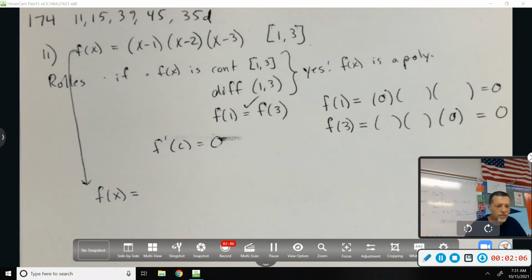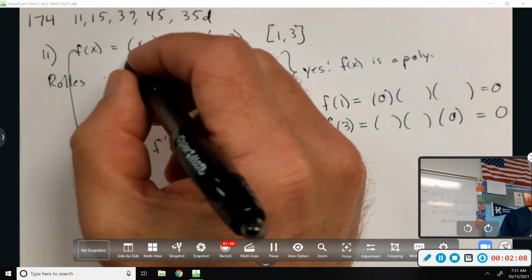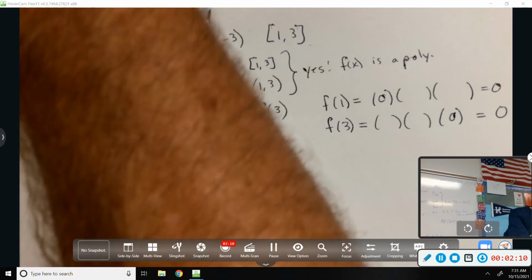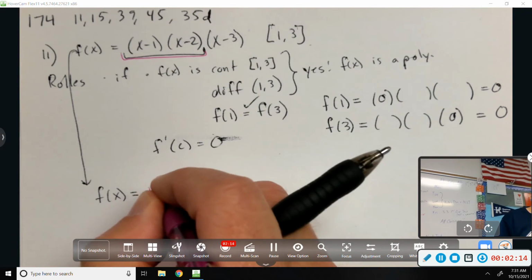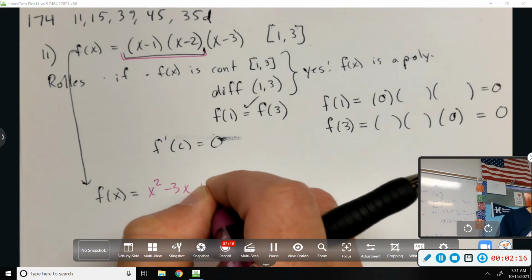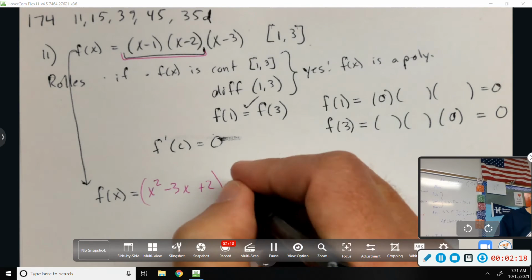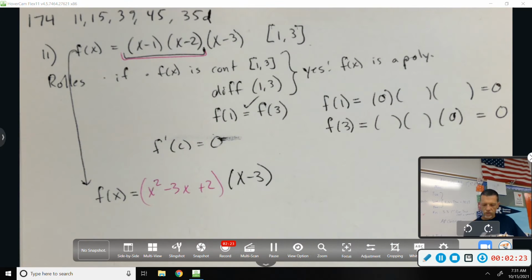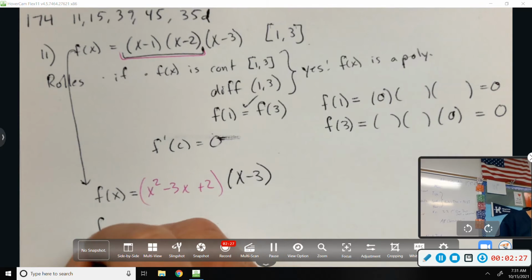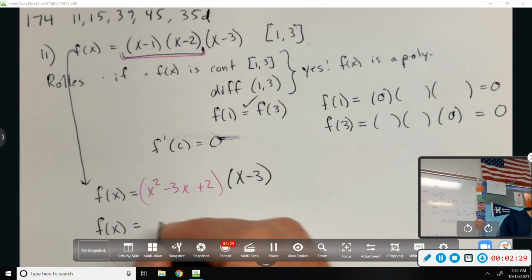I think the price is easier in algebra. So I'm going to multiply those two together: x squared minus 3x plus 2 times x minus 3. I suppose I could switch to calculus now and do the product rule, but it's still probably easier to do algebra first.